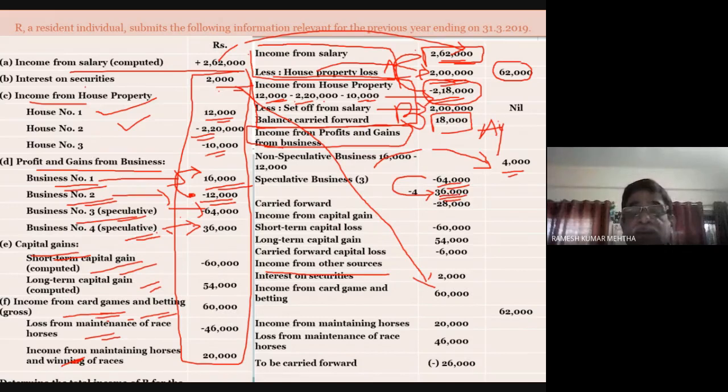In this case, only 36,000 can be set off, and out of this 64,000 loss, after setting off 36,000, the remaining amount which could not be set off is 28,000. This can be carried forward for 4 assessment years. So this 28,000 can be carried forward for 4 assessment years.